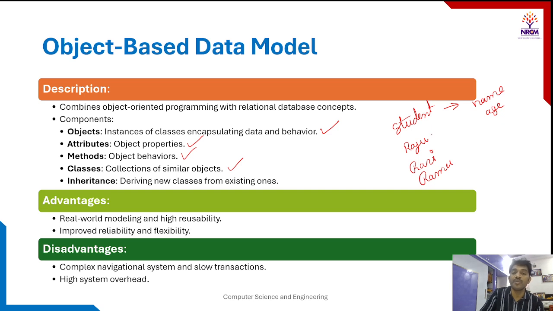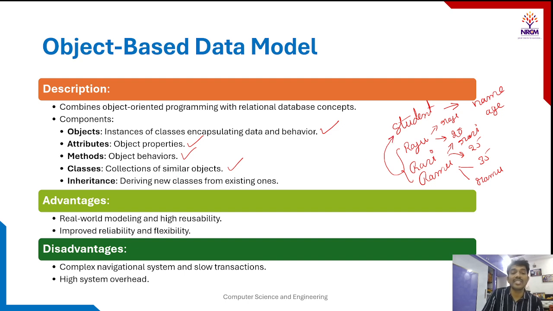For the Raju object, the name is Raju and the age is 20 years. For Ravi, the name attribute value is Ravi and the age is 25, and for Ramu, the age is 35 and the name is Ramu. Got it? These are the differences, right? All these objects have the similar properties of the current class. Got it? Is it clear?